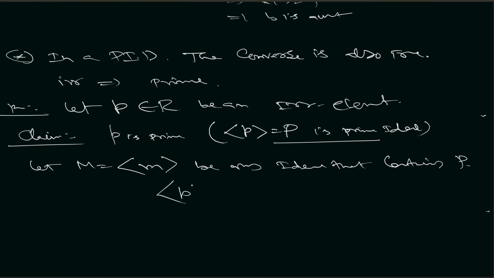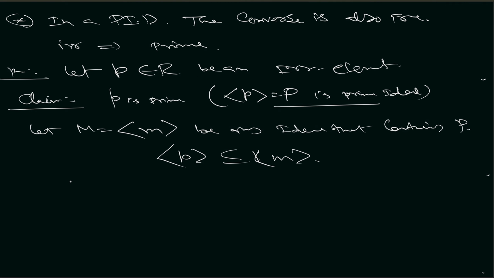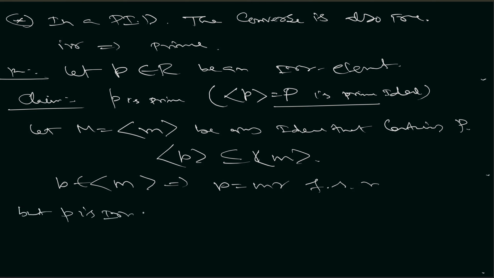That means the ideal generated by p is contained in the ideal generated by m. So p is an element of the ideal generated by m. This implies that p equals m r for some r. But p is irreducible. This implies that m is a unit or r is a unit.